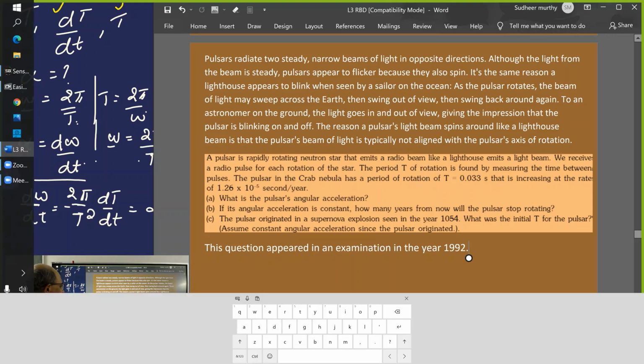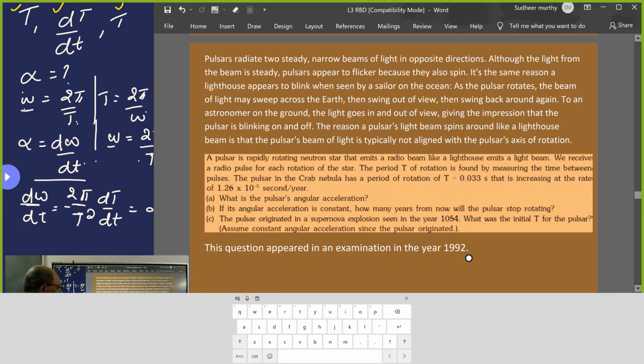Now, if its angular acceleration is constant, how many years from now will the pulsar stop rotating? See here, the pulsar originated in a supernova explosion in the year 1054. So this pulsar started in 1054. What is the initial T of the pulsar, assuming constant acceleration?